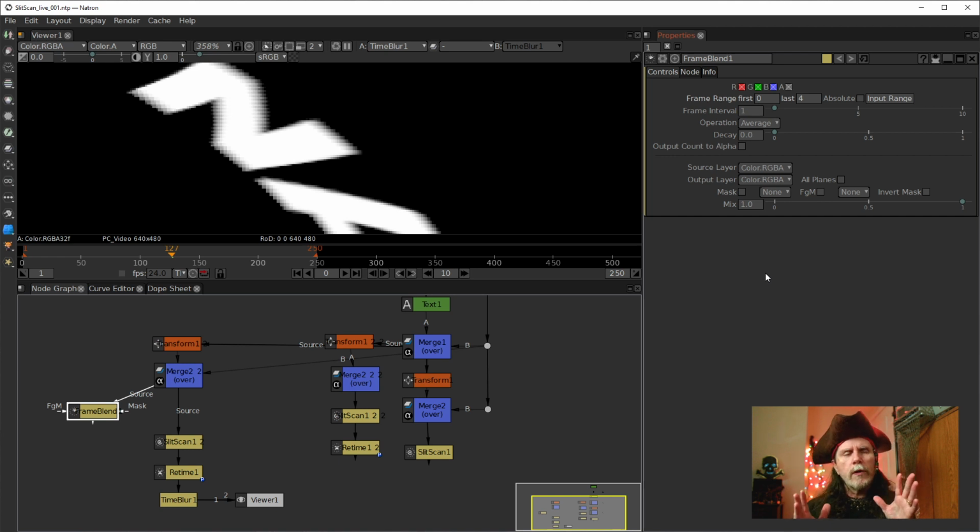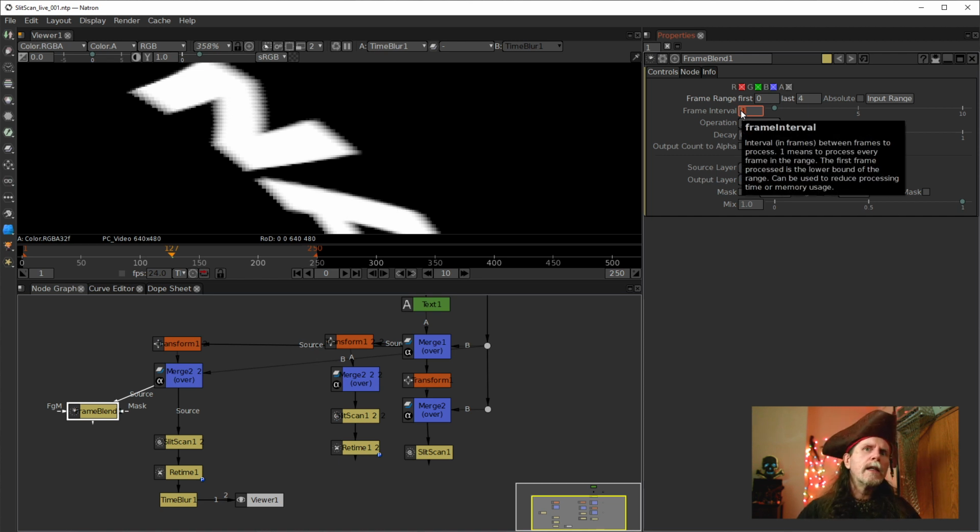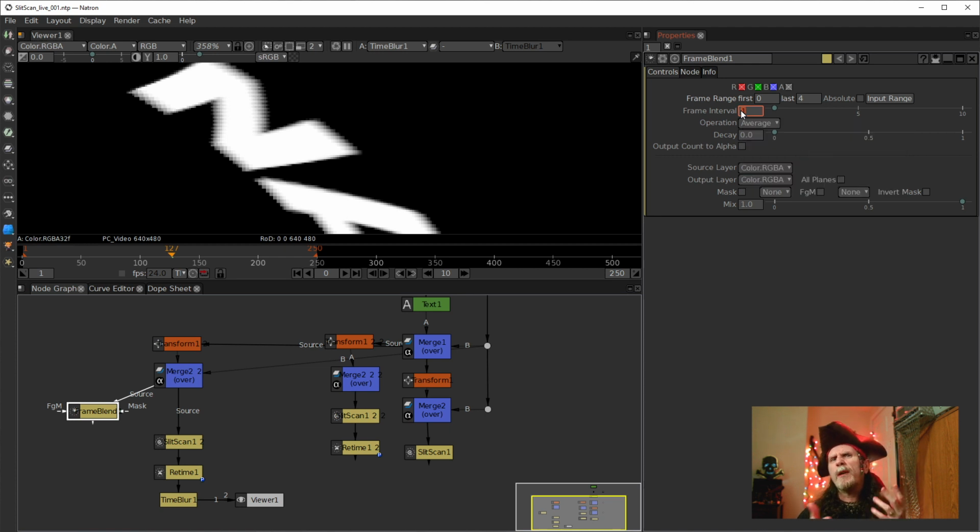one of the things I was wondering is if I dropped it down to get this closer to 10 frames. The only way I could get it to 10 frames is to change this interval from 1 to 2, which would mean that instead of rendering 27, it would render about 12 or 13 frames for the actual blur.